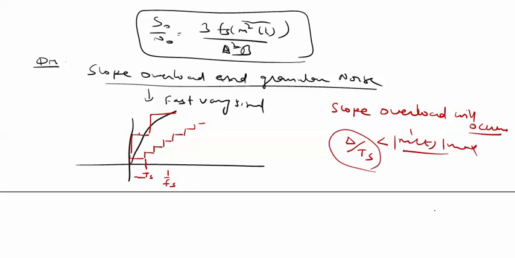If it is the reverse or equal, it is a critical condition. Case 1: slope overload occurs when the slope of the modulator is less than the message signal slope.